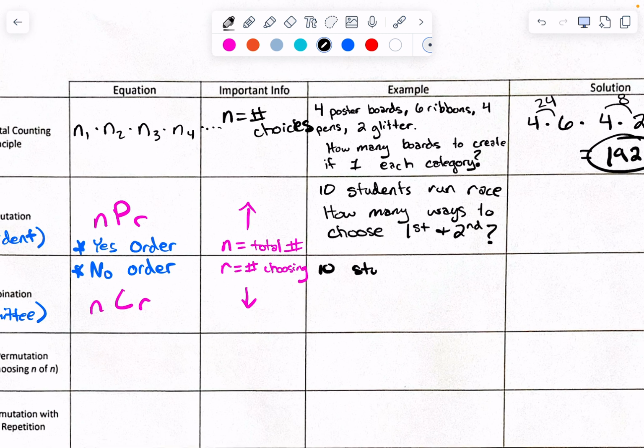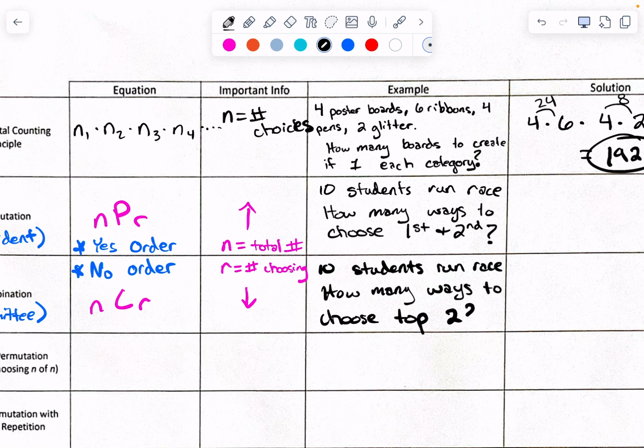Example. 10 students run a race. How many ways to choose the top two? Does order matter if I'm just saying the top two? Top two in any order, right? Do we see the difference between those two? Order matters, order doesn't matter, right?